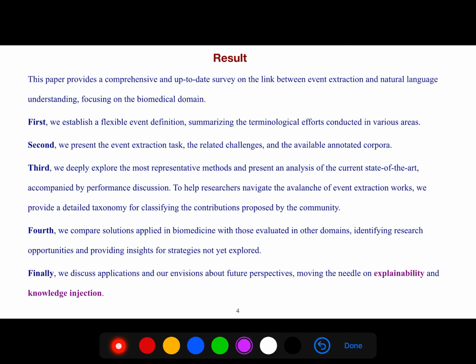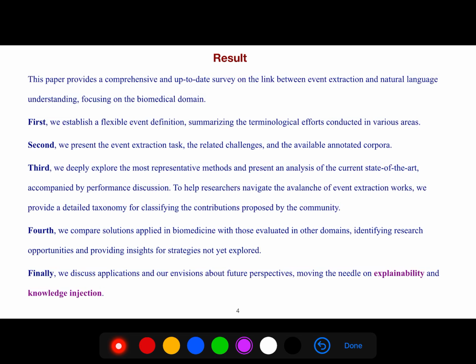First, we establish a flexible event definition summarizing terminology efforts conducted in various areas. Second, we present event extraction, the related challenges, and the available annotated corpora. Third, we deeply explore the most representative methods and present an analysis of the current state of the art.